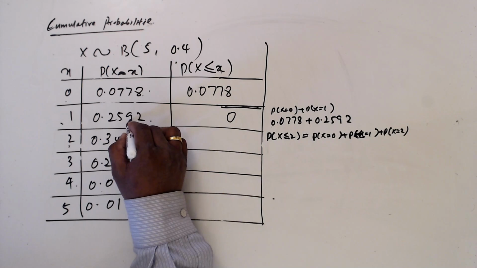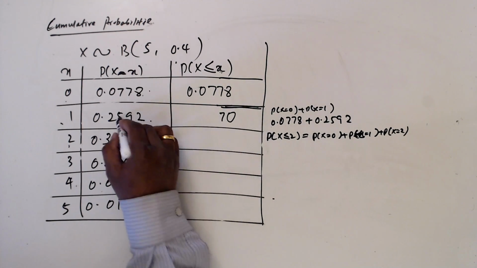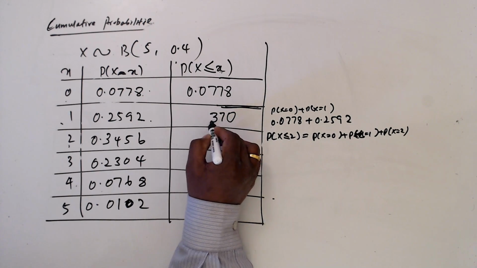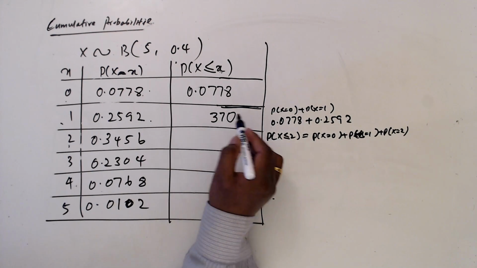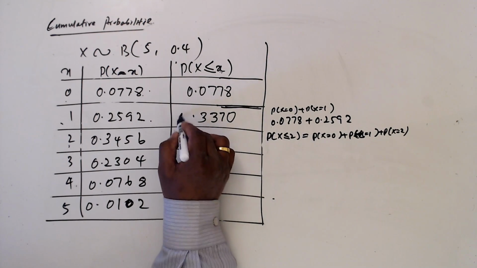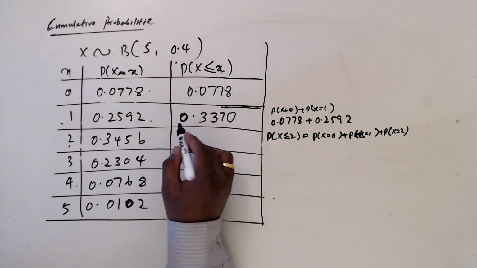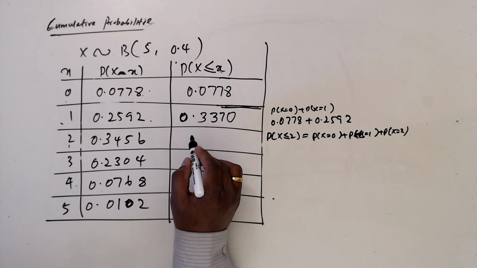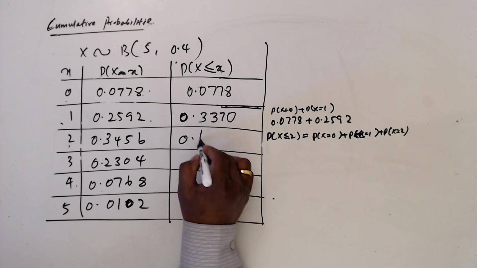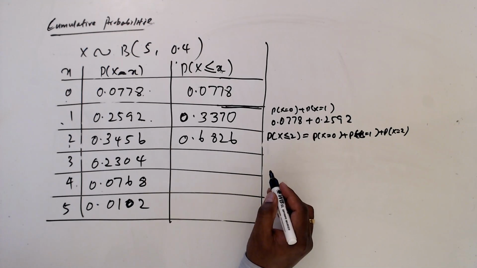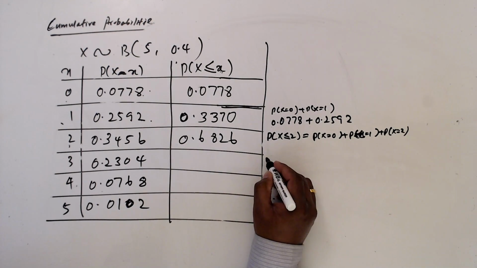No, 9 plus 7, 16, 7. 5 plus 7, that is going to be 13. And 2 plus 1, 3. So this is the value. Now I want to add those two together. Then I will get 0.6826.